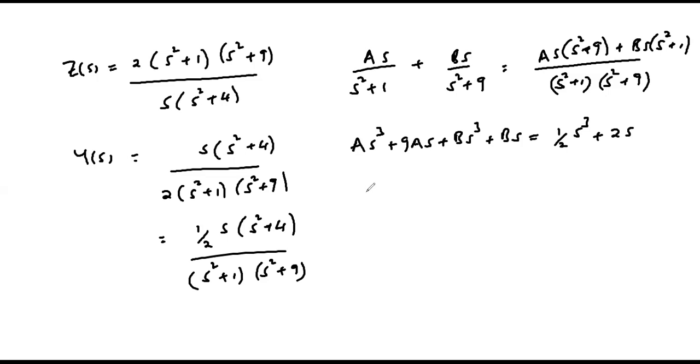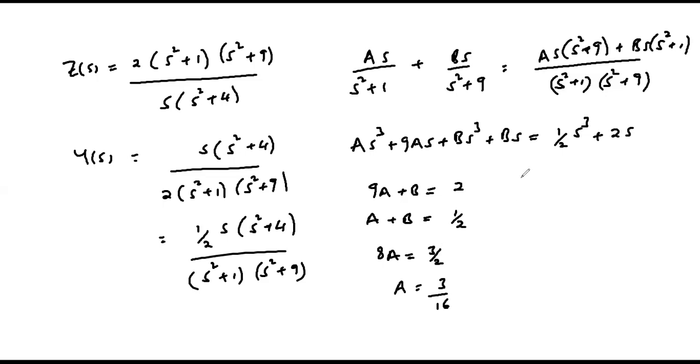from which the terms with S will give us 9A plus B will be equal to 2. The coefficients of S cubed will give us A plus B to be equal to a half. If we subtract the second one from the first, we'll get 8A to be equal to 1.5, which is 3 over 2, and our A will be 3 over 16.